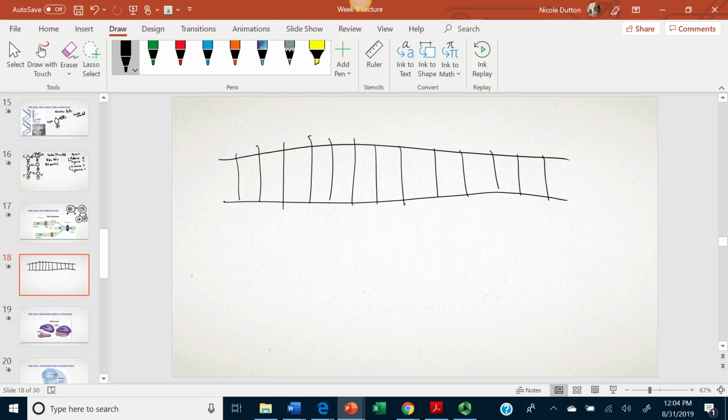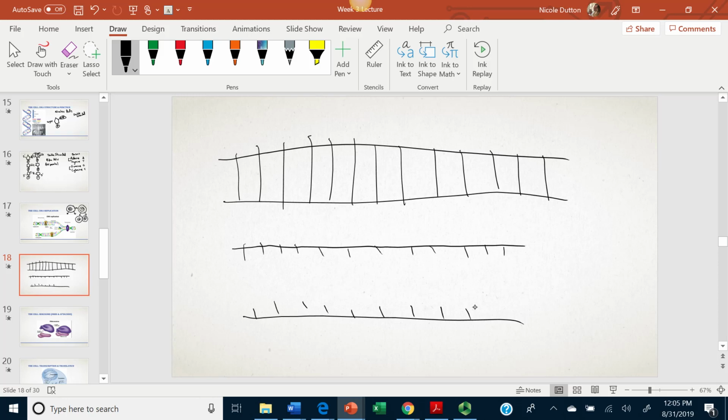We need to access what's on the inside, because eventually what we're going to want to do is separate the strands from each other. And we're going to want to build new DNA on the inside so that we end up with identical copies. So we use the existing strand as a template to make the new DNA.